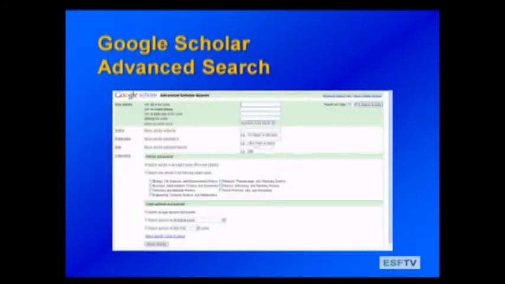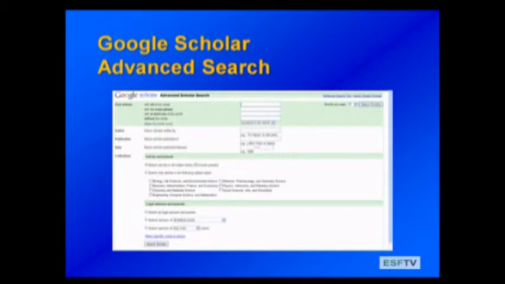Let's take a look at the advanced search screen for Google Scholar. Again, when you go to Google Scholar, there'll be your basic search screen. I would recommend going to the advanced screen where you can have all these search options. You can search for all of the words together, exact phrase searching, you can search for at least one word, or you can have it exclude words. So you can put in a word where it says without the words.